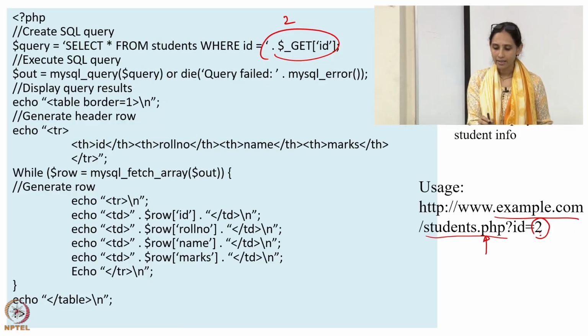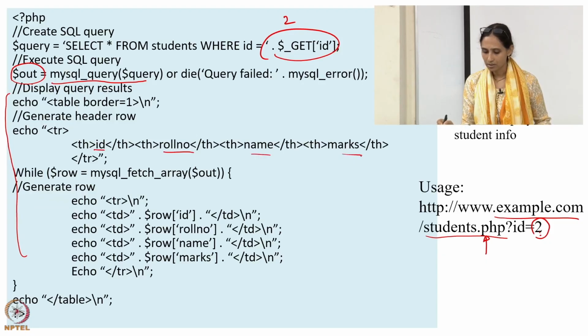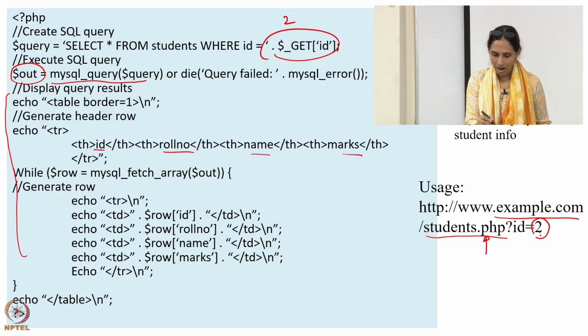Okay. And then it is saying that whatever this returned, this is the actual query, put that returned row in this output. The returned row is a string which it is putting in this output. And then this is to display the query results. Echo means just print this table with ID, roll number, name, marks, and then parse this output. So, this row is nothing but fetch this array and put it like this.